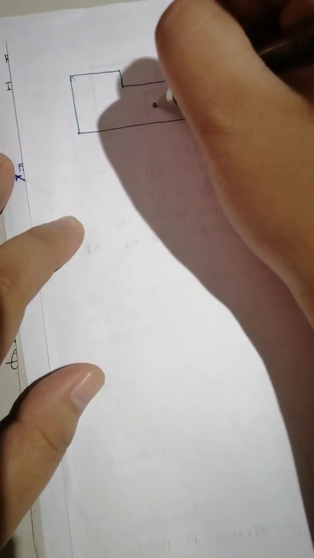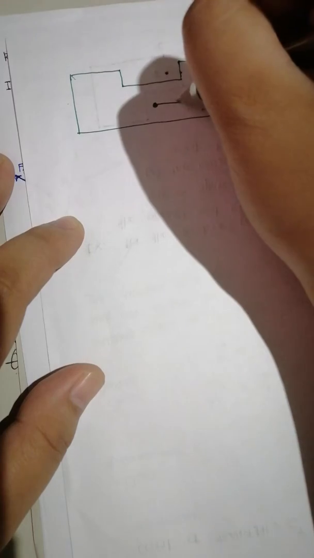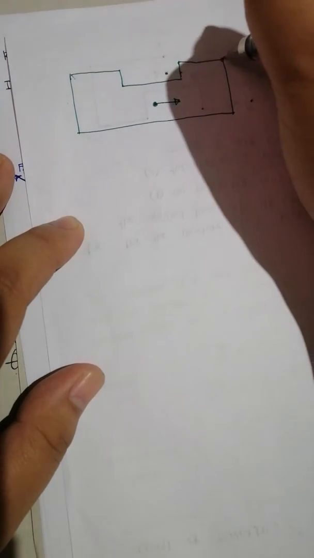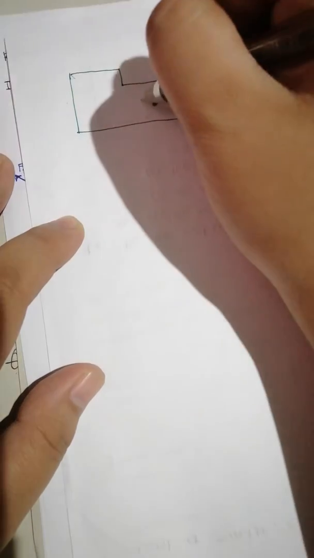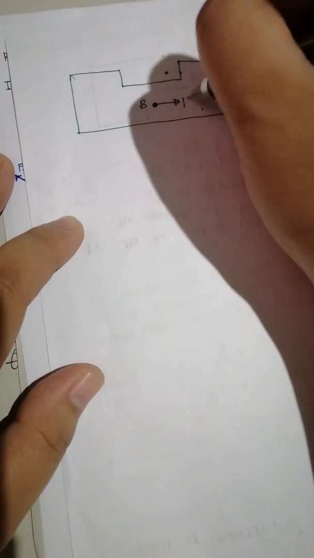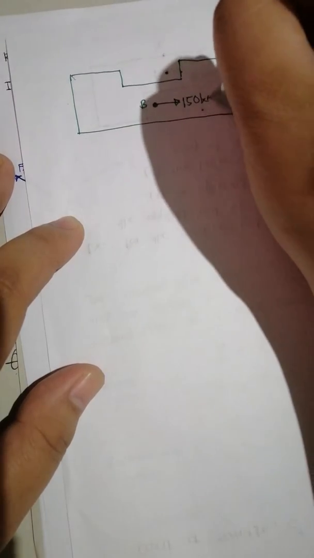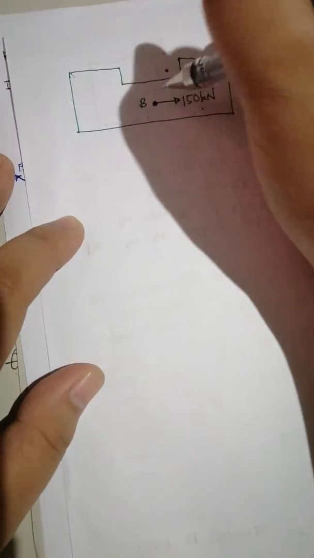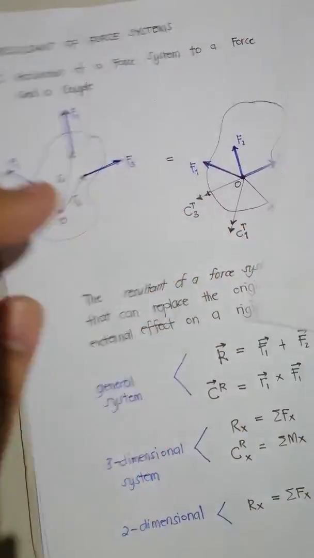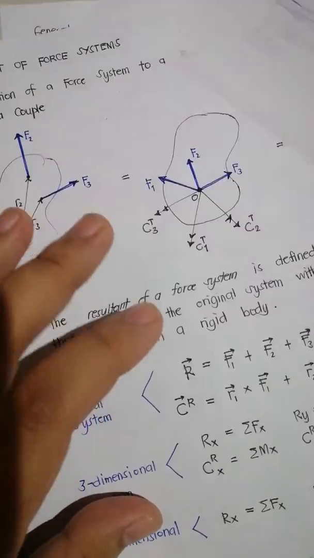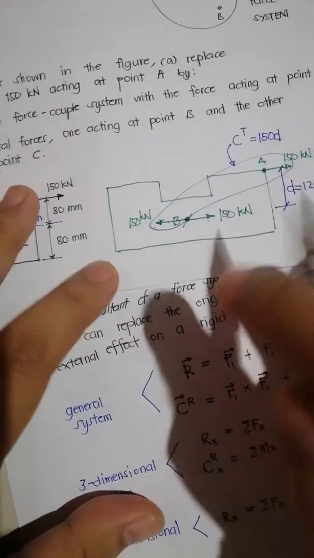So the 150 kilonewton force is already here at point B, which we have transferred from point A. It's now already at point B, and plus there is a couple of transfer formed. This is the couple formed.